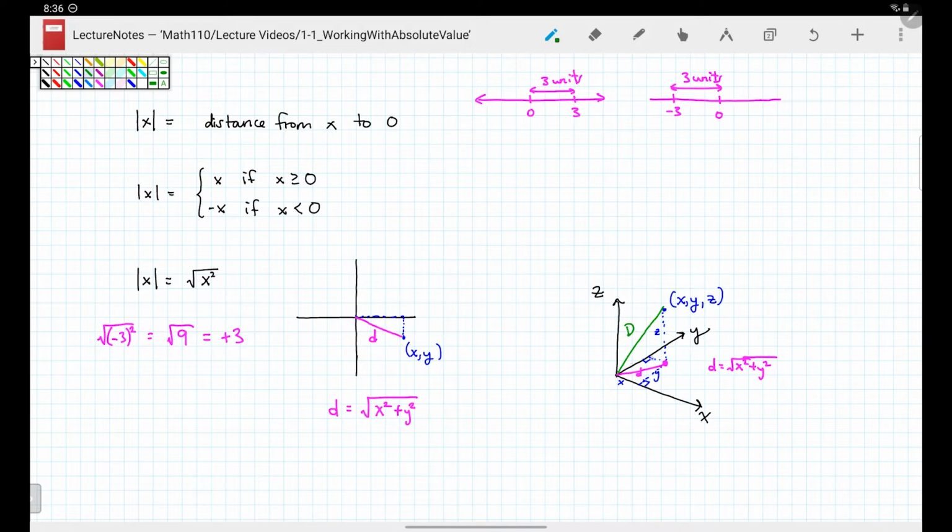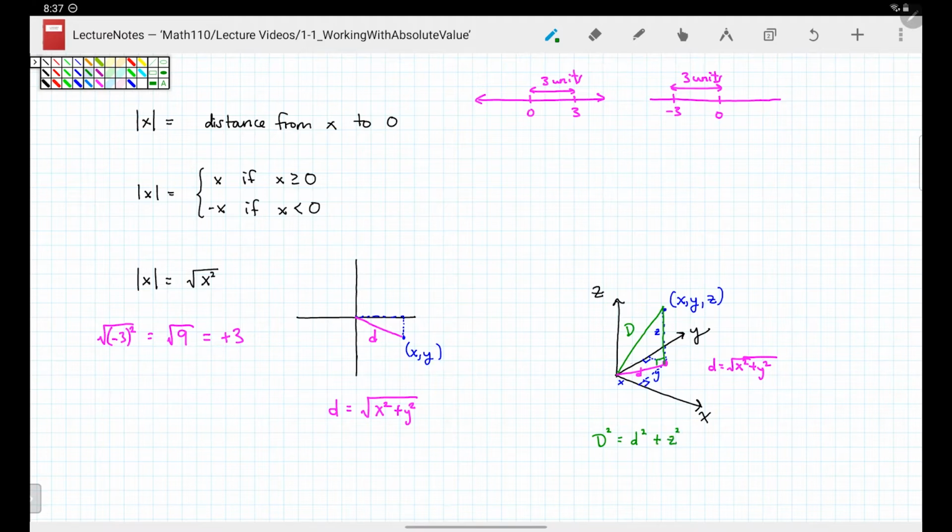Well, I can see that capital D is the hypotenuse of a right triangle sitting on that diagonal. And so capital D squared is little d squared plus z squared.